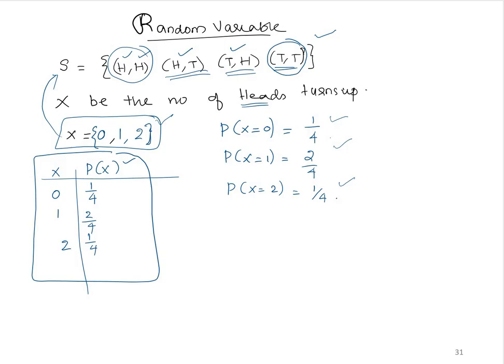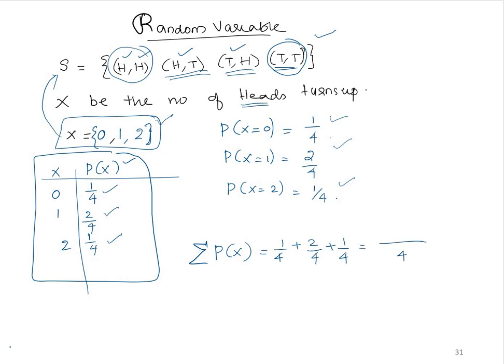Now if we look at the probability distribution, we can see that the probability values are always positive, right? And if we add up all these, we represent it as sigma P of X, the sum of the probabilities: 1 over 4 plus 2 over 4 plus 1 over 4.